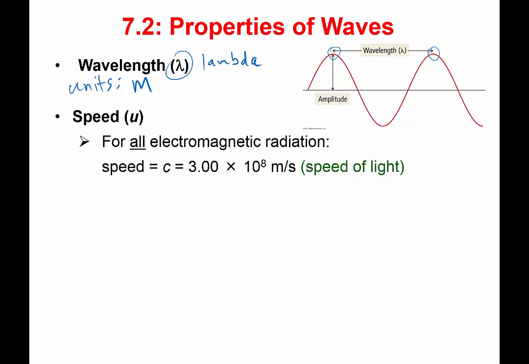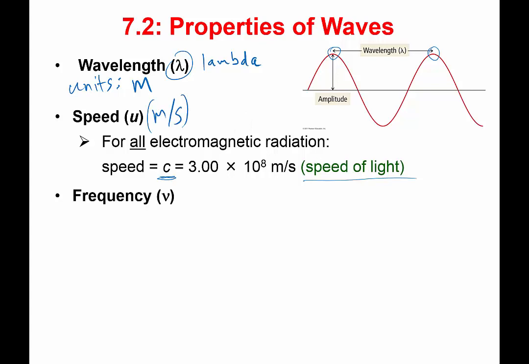And that is about 3 times 10 to the 8 meters per second, and we symbolize that with the letter c. So for what we're going to do, we can just consider speed to be a constant c. And that c is also referred to as the speed of light, since light is a form of electromagnetic radiation, and all electromagnetic radiation travels at that speed. And of course, the units of speed would be meters per second.